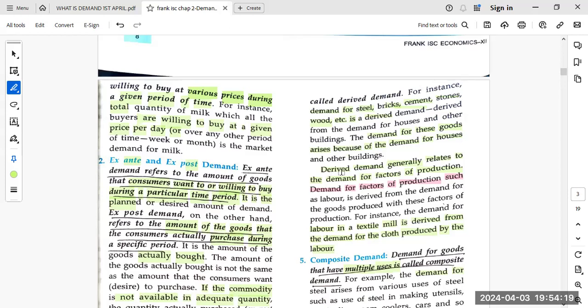Here, derived demand generally relates to the demand for factors of production. Now, what are factors of production? Factors of production are your land, labor, capital, and entrepreneur. Factors of production, those who produce it. Whenever there is a production or manufacturing activity, someone has to produce it, right?